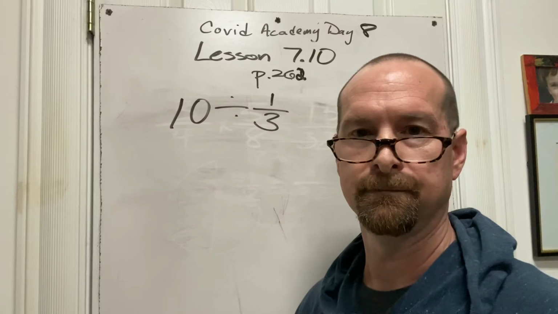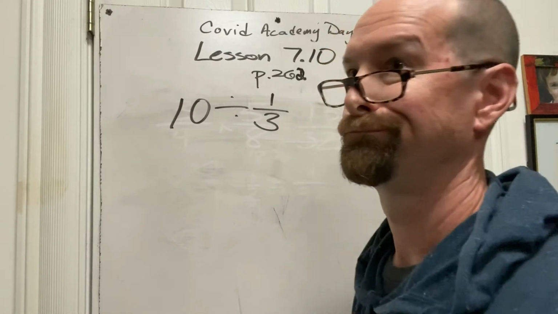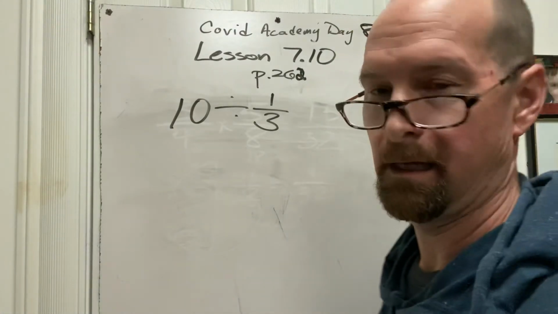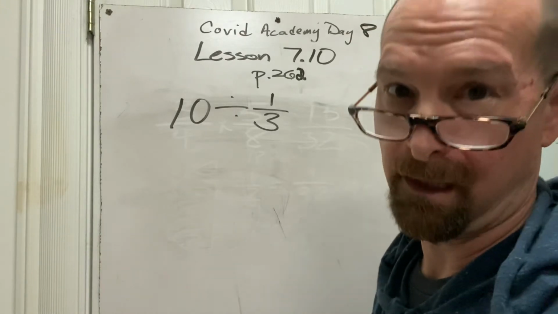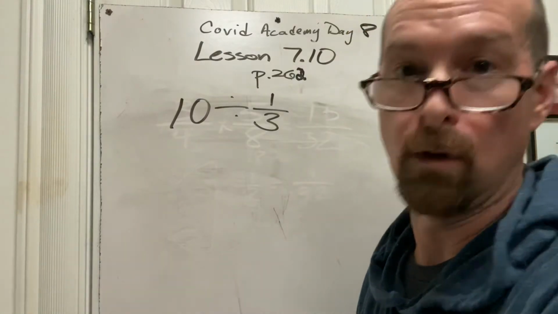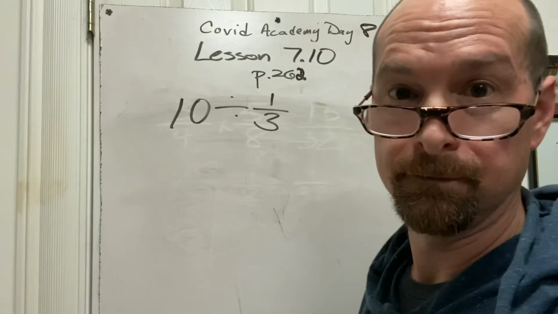Okay, I've got it. I've got 10 cans of anchovies. And I barf if I eat more than a third of a can of anchovies at a time. So I want to figure out how many meals do I have of anchovies so that I can eat them and not barf.